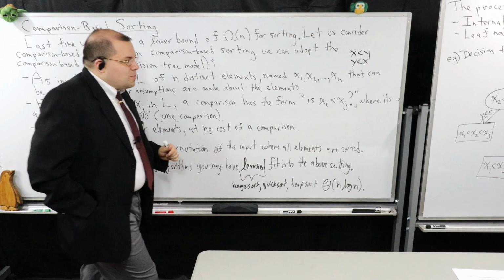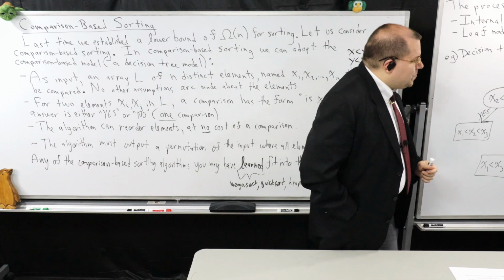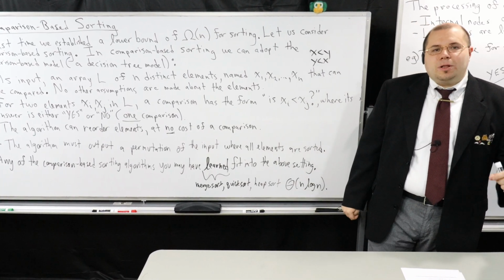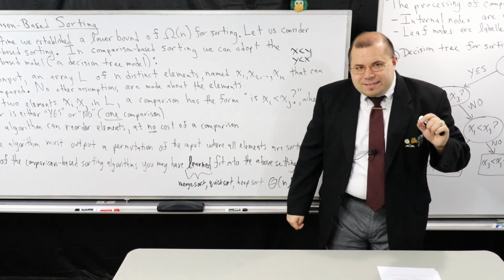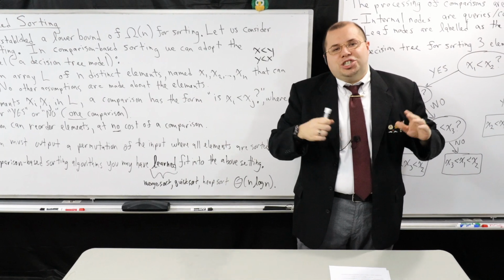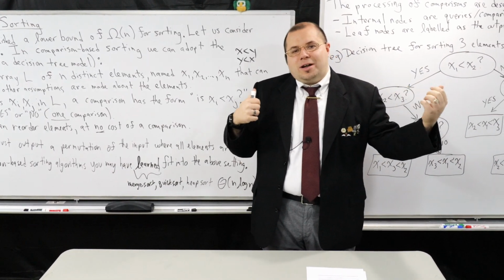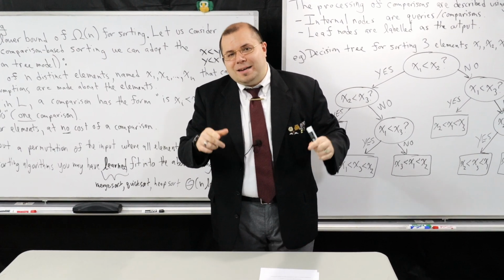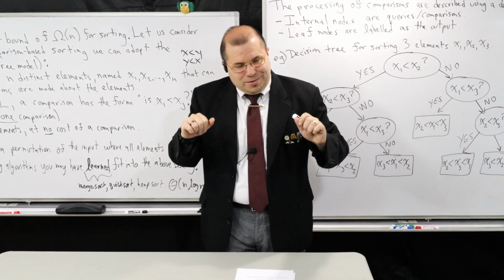One other technical remark I want to point out is that the result I'm going to show you today technically applies to any deterministic comparison-based sorting algorithm. However, there are ways to generalize it to randomized comparison-based sorting algorithms, but the argument isn't exactly the same. It's quite similar, though.